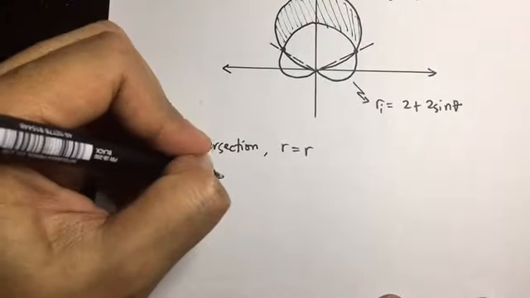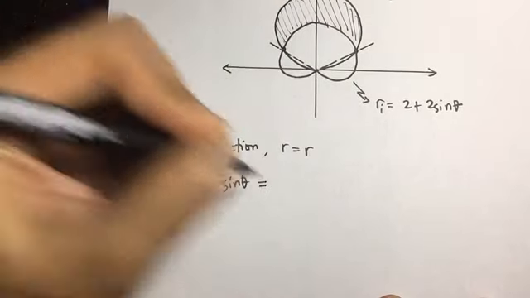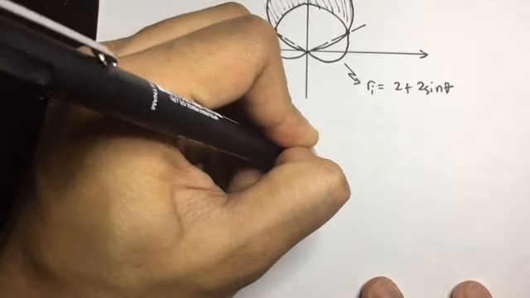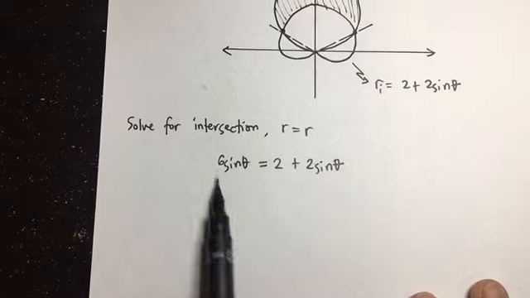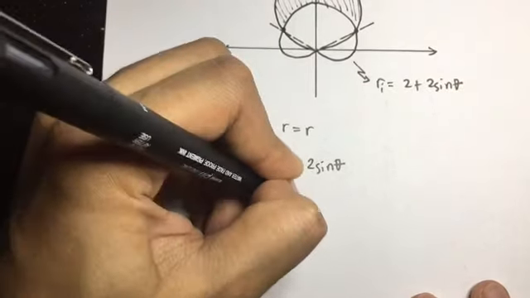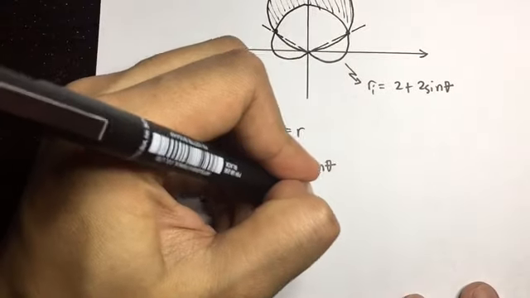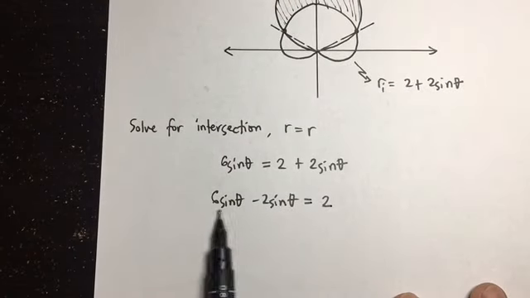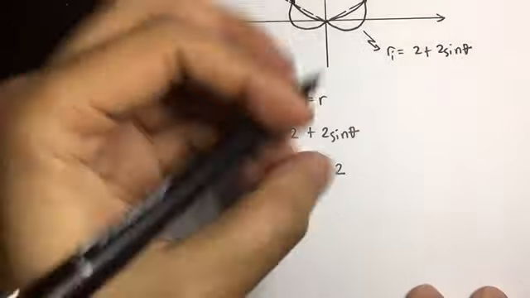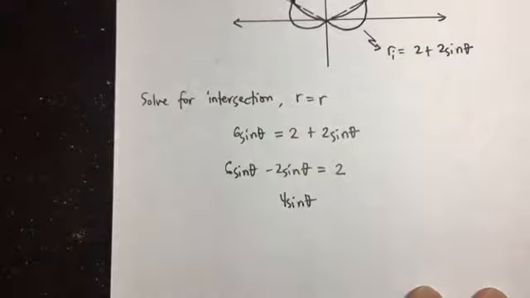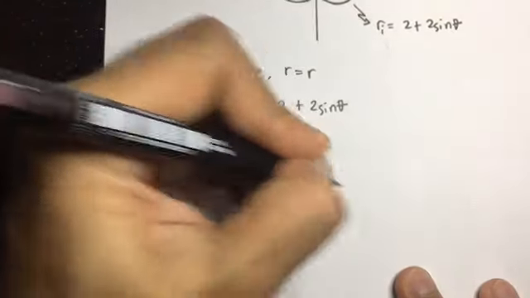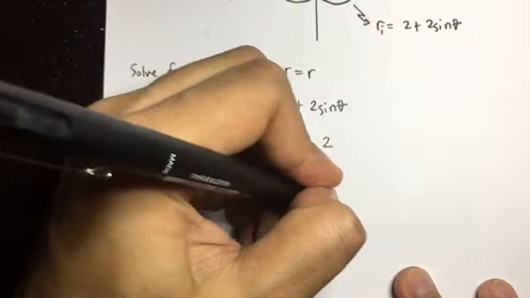We will have 6 sine theta is equal to 2 plus 2 sine theta. Transposing to the other side, 6 sine theta minus 2 sine theta is equal to 2, so we have 4 sine theta is equal to 2. Dividing both sides by 4, sine theta is equal to 2 over 4, that is 1/2.